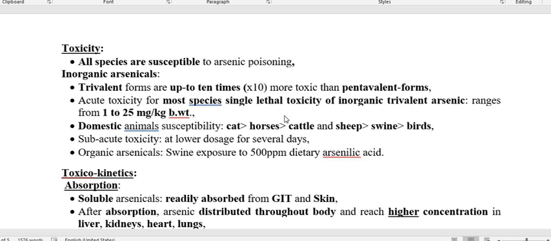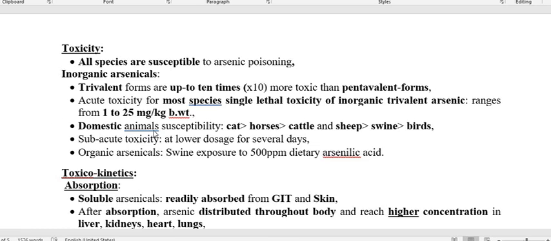Regarding the lethal toxic dose, for most species the single lethal dose of inorganic trivalent arsenic ranges from 1 to 25 mg per kg body weight. So this is all about the toxicity. What are the main important points? All species are susceptible.